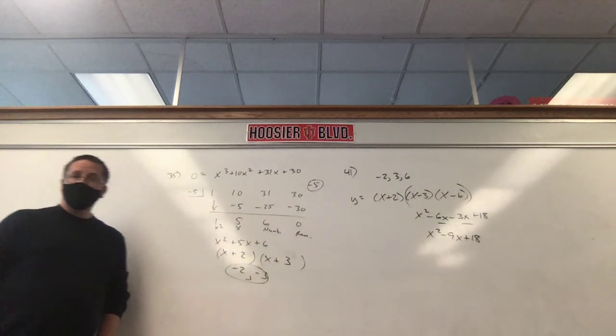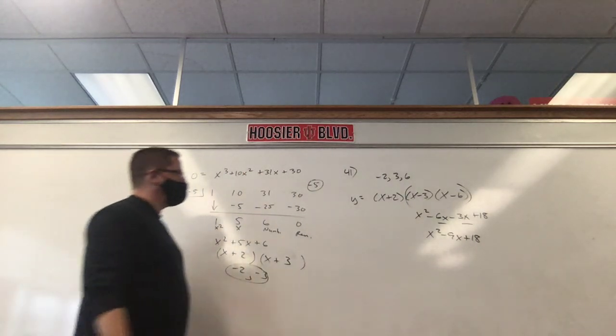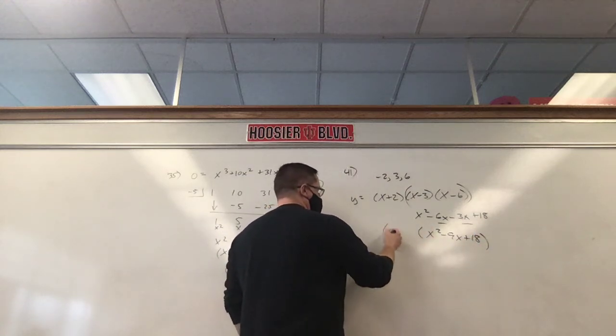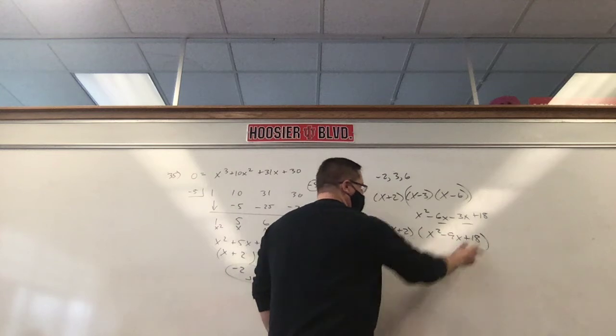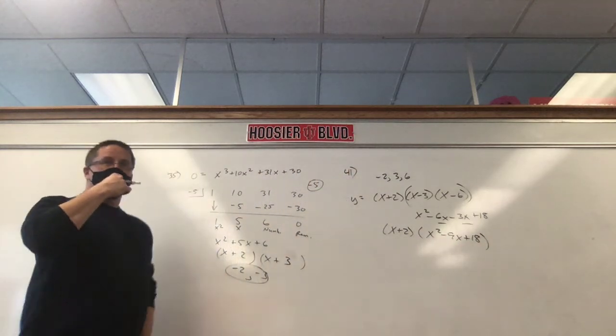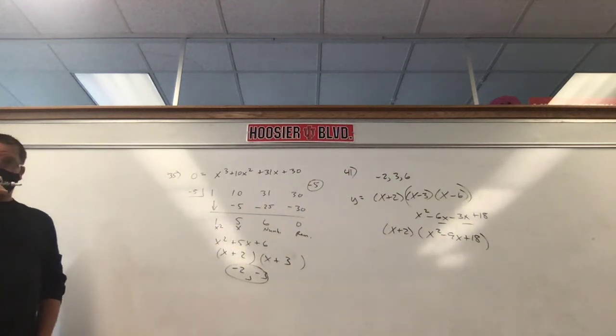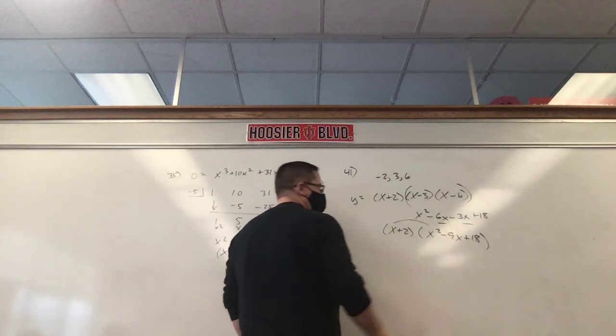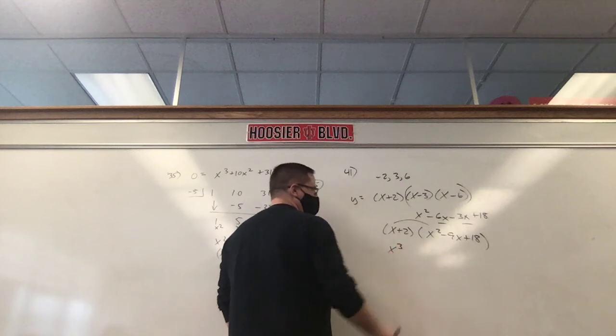Okay, we all done? We still have to times by what? The other side, x plus 2. So we're going to times each of these first by what? Not at the same time. First x, then later on by 2. So x times x squared is x cubed.